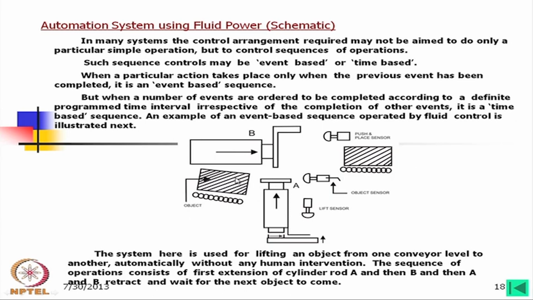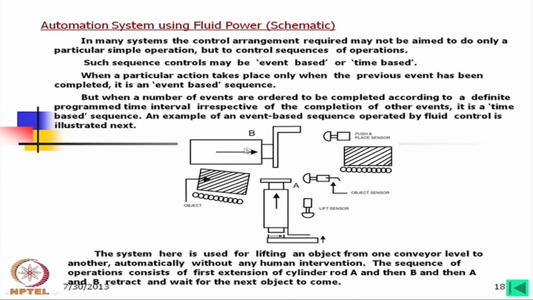When this load is coming in, this object sensor is sensing the object on this A cylinder. Then it will be lifted, and there is another lift sensor which will give an indication to cylinder B, and that will push it to this conveyor.